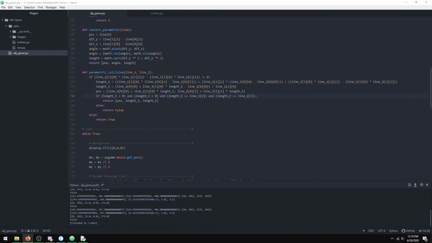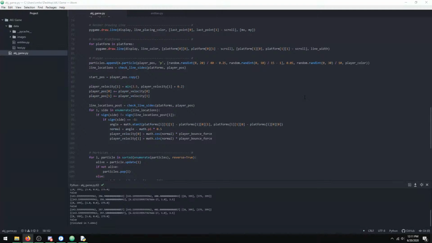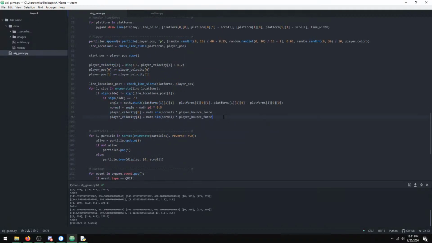What I could do is process these collisions a bunch of times. Like every pixel the player moves, I process these collisions, and then I can do that other algorithm, the perpendicular one. Oh yeah, that is how you solve it. Okay.